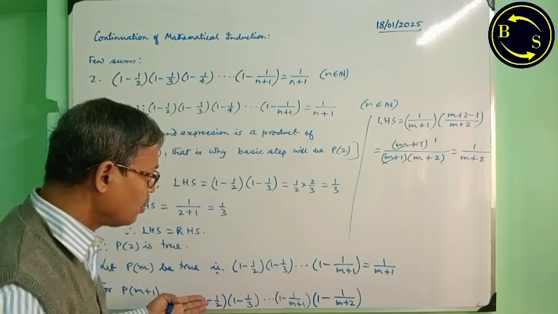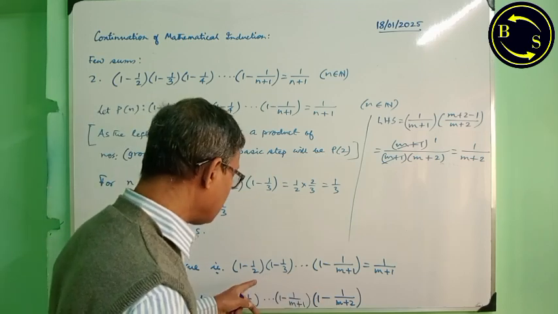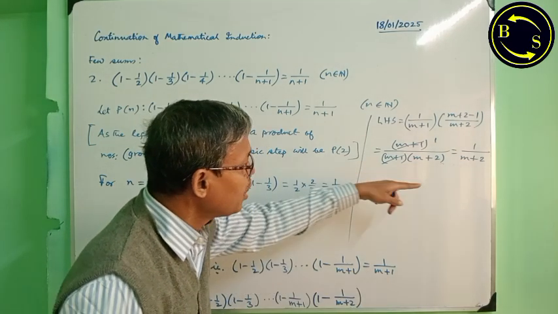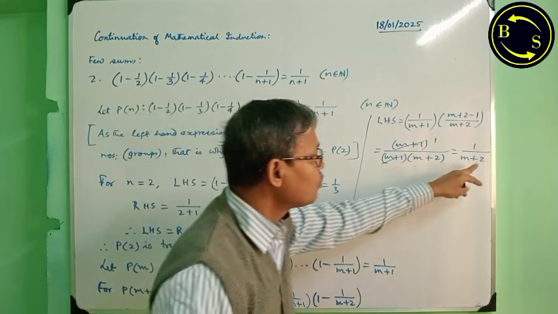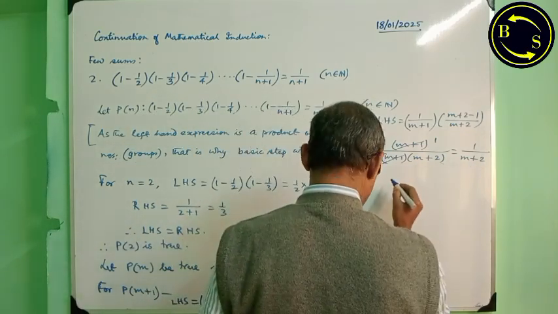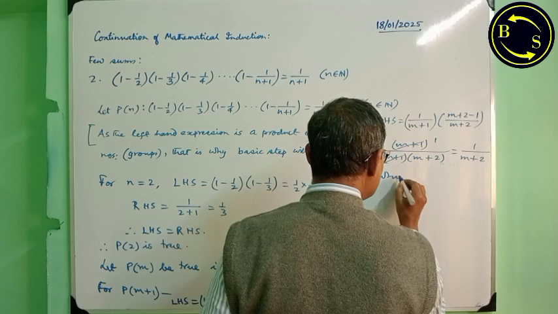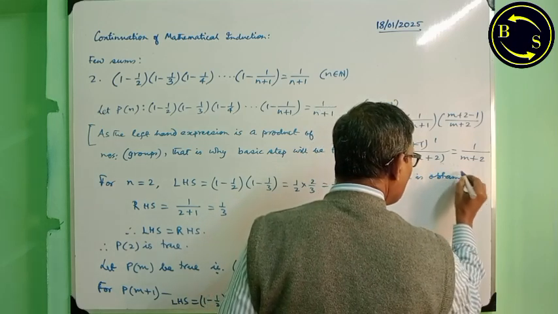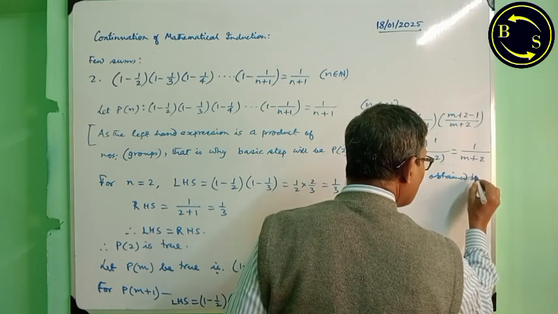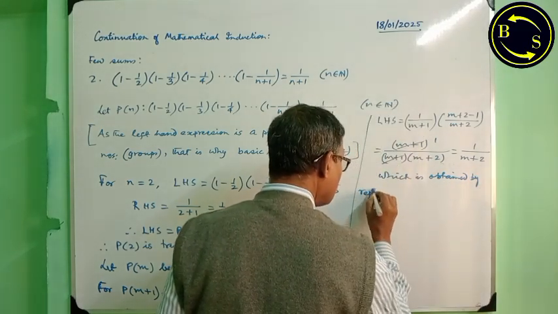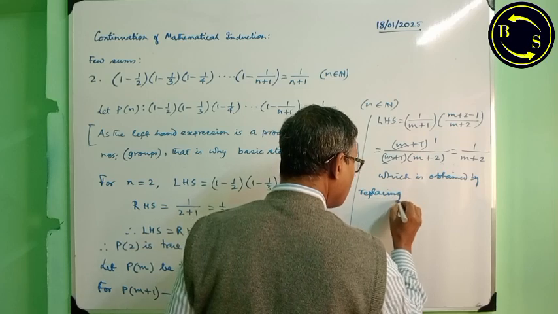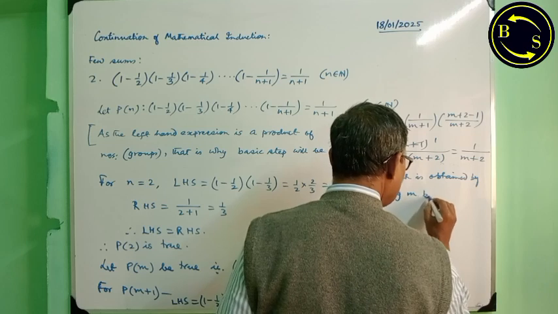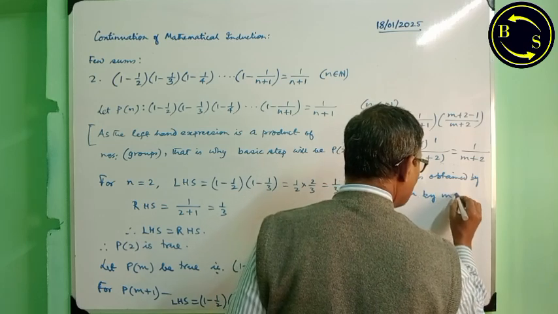Now for m factors, result is this one. Then for m plus 1 factor, m plus 2, which is obtained by replacing m by m plus 1.